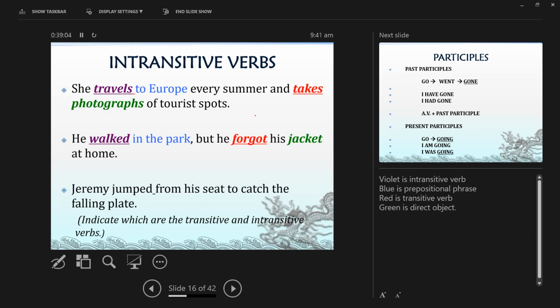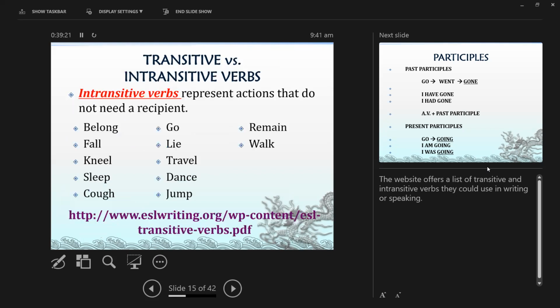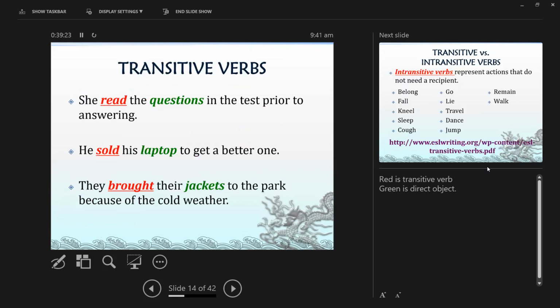Present continuous. She walked in the park, but he forgot his jacket at home. Walked in the park. So this kind of verb did not receive any recipient of the action. Okay? Unlike the examples here, she read the questions. What did she read?